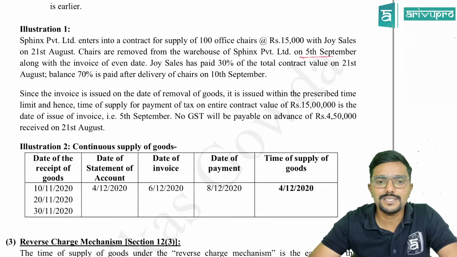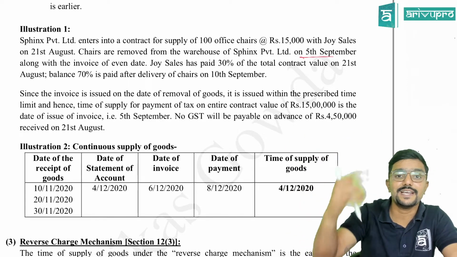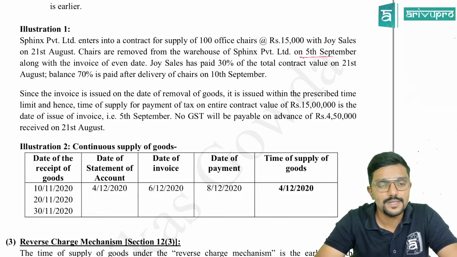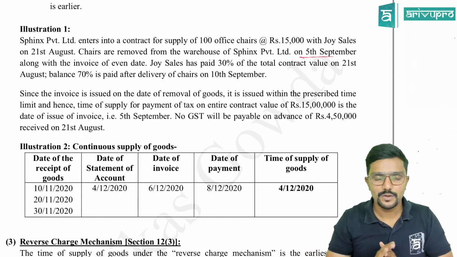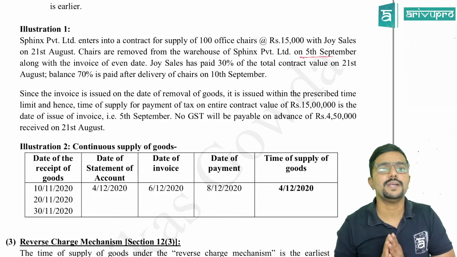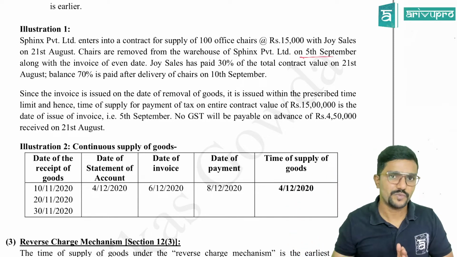Joy Sales has paid 30% of the total contract value on 21st August. That is before the invoice, so can I call it an advance payment? Yes. The balance 70% is paid after delivery of chairs on 10th September. Here, with respect to goods, whenever they give payment details, ignore them. They give them only to confuse you, even in the exams.